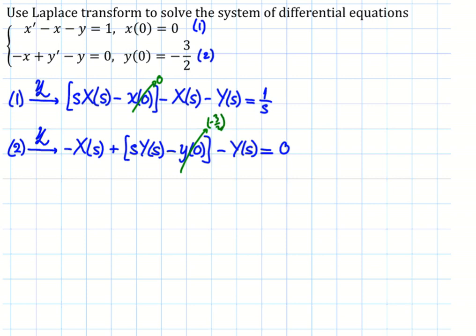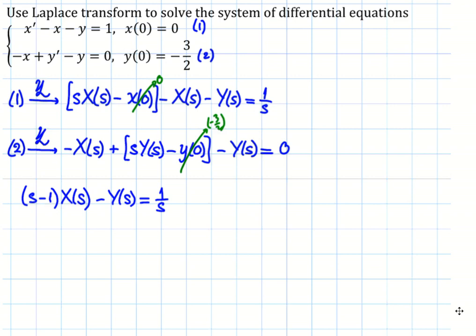So we write this equation. I factor out X(s). We should have (s minus 1) X(s) minus Y(s) equal to 1 over s.